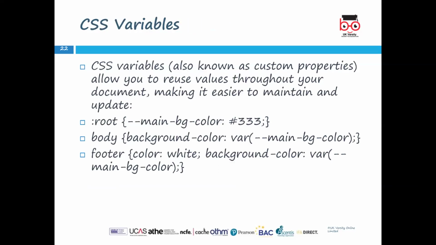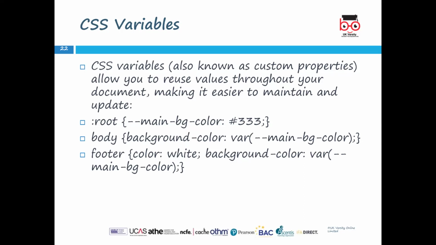We also have variables. So what do we mean by variables? Variables are values that are not fixed, they're not constant. These values can keep on changing depending on what we want it to look like.